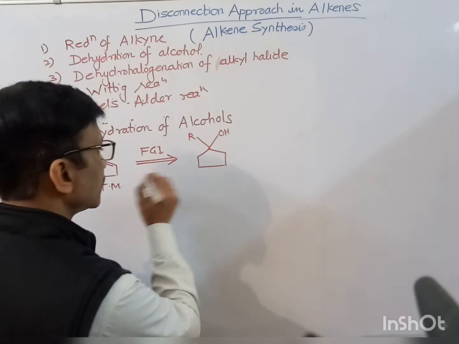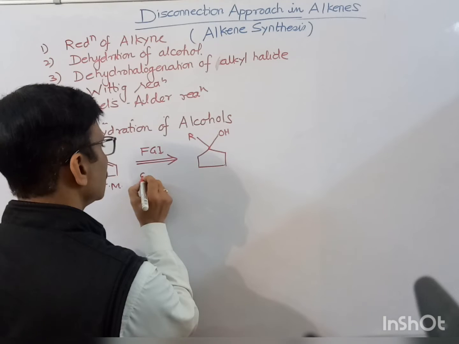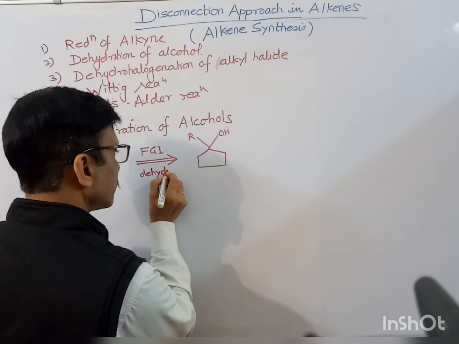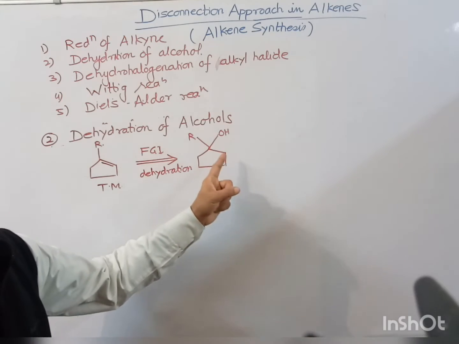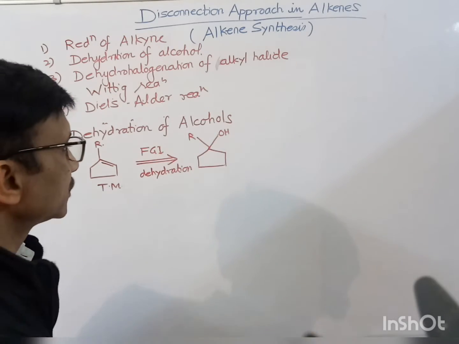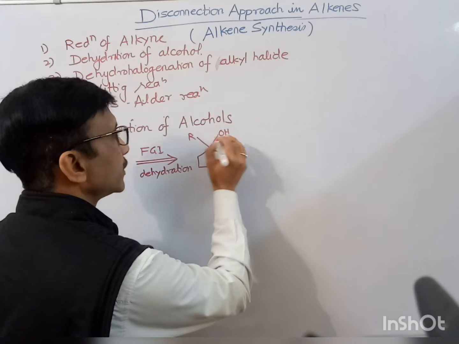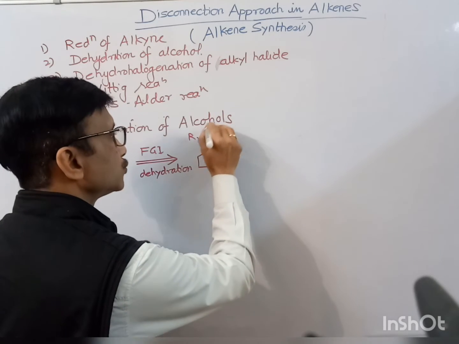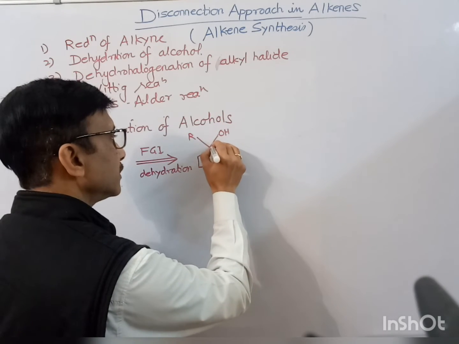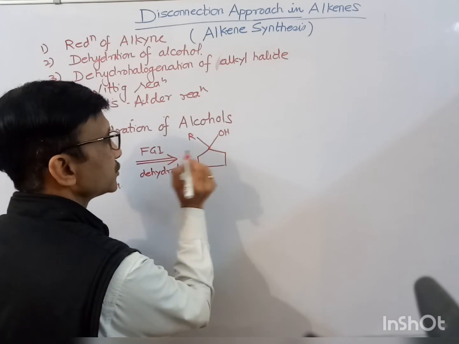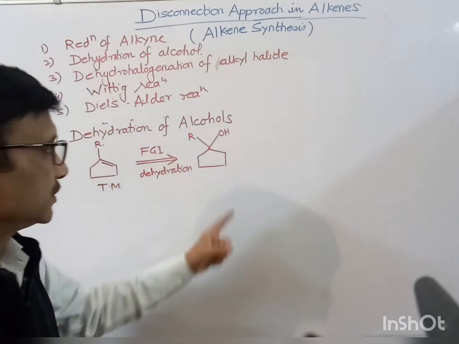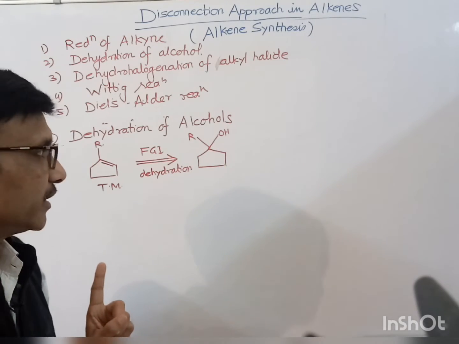Okay, and this will undergo dehydration in presence of H2SO4. It may be protonated to give H2O. H2O will leave out, and the positive charge will be created on this carbon, and the H plus catalyst will be regenerated here.